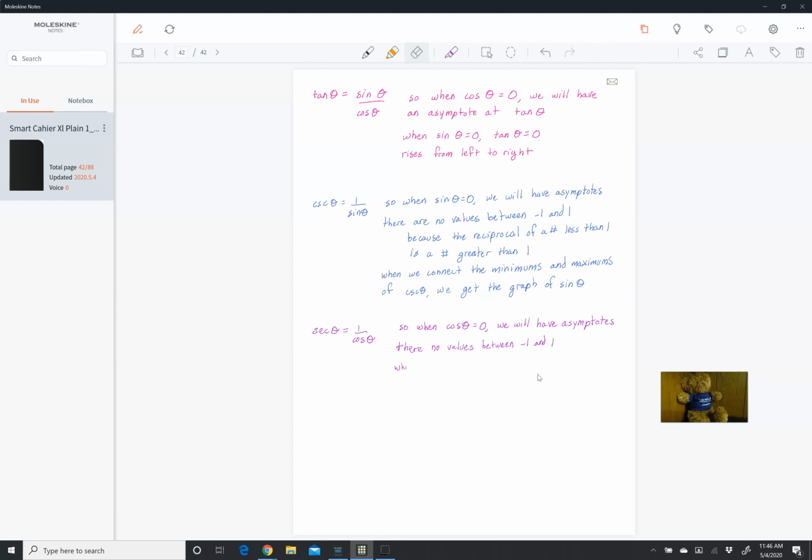And when we connect the minimums and the maximums of secant of theta, we get the graph of cosine of theta.